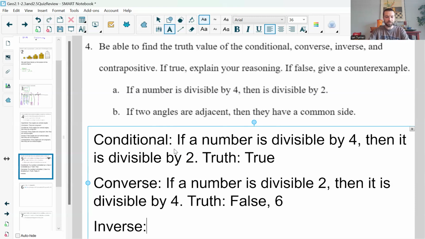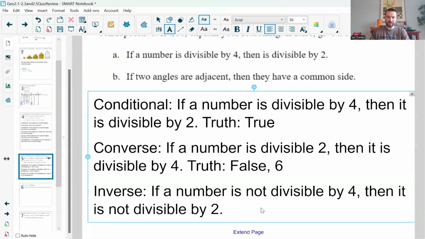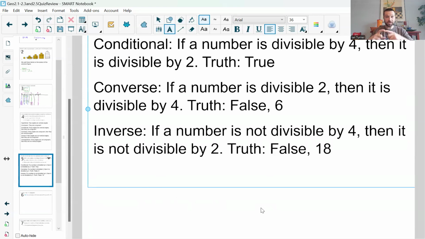Let's do the inverse. If a number is not divisible by 4, then it is not divisible by 2. And just like the one we just did, that would also be false. And let's give another example. 18 is divisible by 2, but not by 4. Remember, our converse and our inverse go together, and then our conditional and our contrapositive go together.